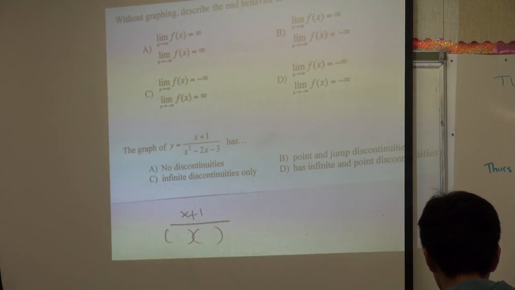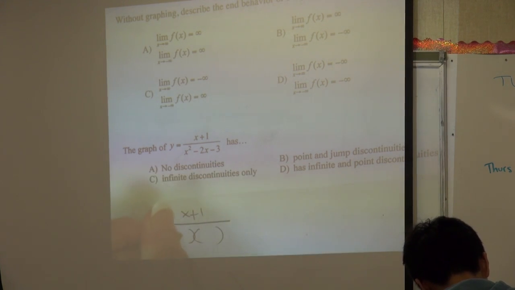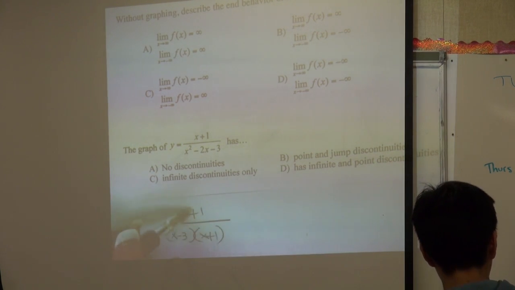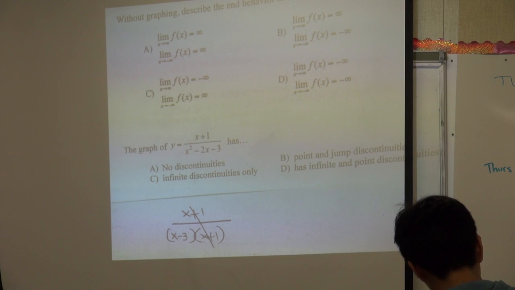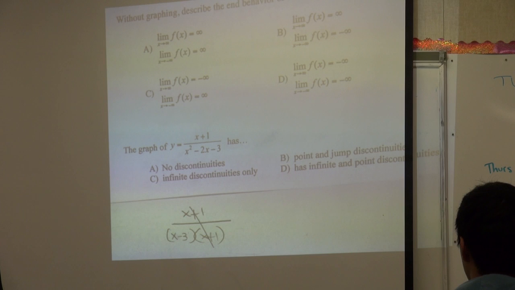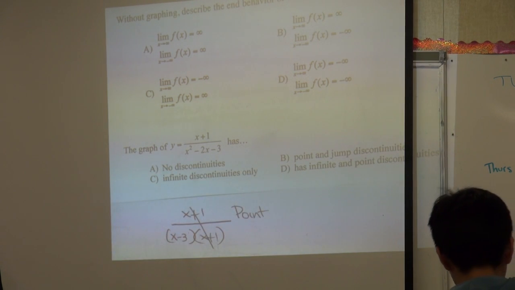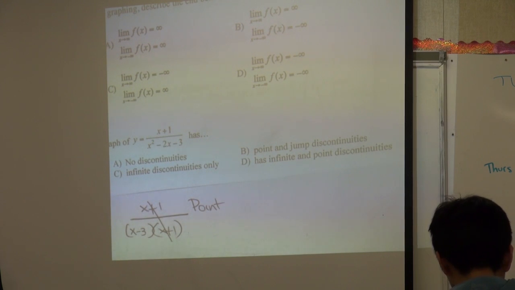When you factor the denominator, you get x minus 3, x plus 1, meaning something is going to cancel and give you a hole, and a hole is called a point discontinuity. So if you know that this has point, also known as removable discontinuity, you now know the answer is either B or D.